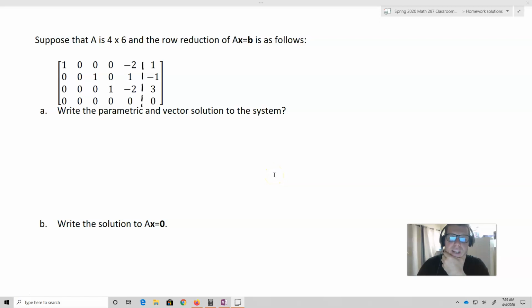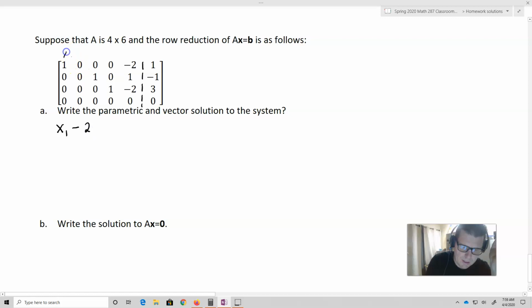Suppose that A is 4 by 6 and the row reduction of AX equals B is as follows. We're given this row reduction of an augmented matrix. Write the parametric and vector solutions to the system. I'll start out here. My first row is x1 minus 2x5 equals 1. x2 is free, since there's no pivot for that variable.